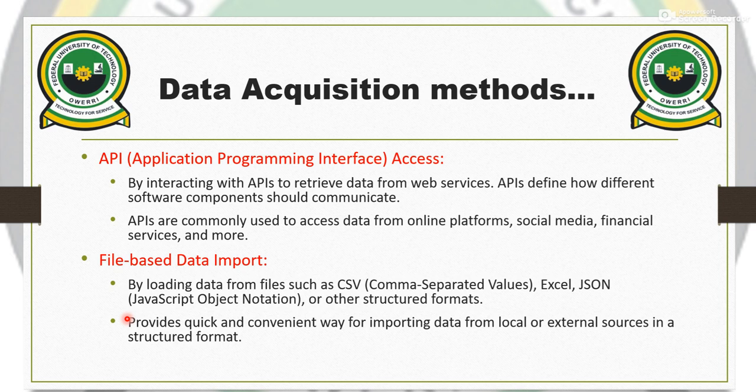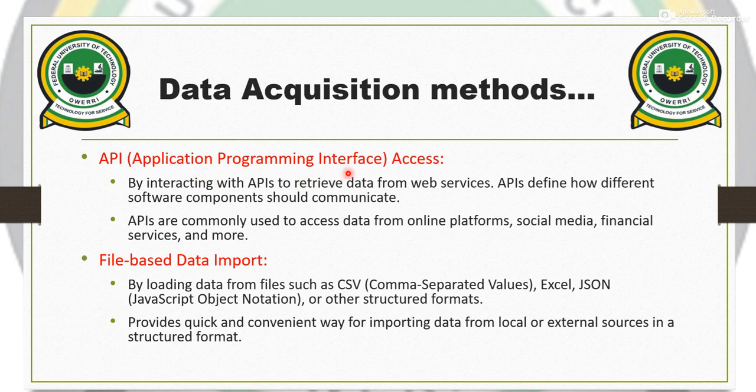For instance, when you are in an online platform, you want to access data from another service, you can collect such data using the interface that has been provided by that application, and that interface is called an application programming interface.